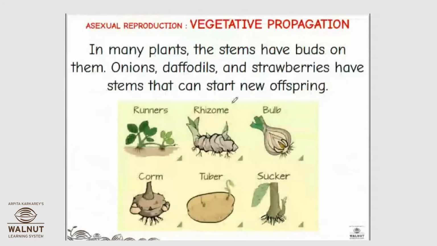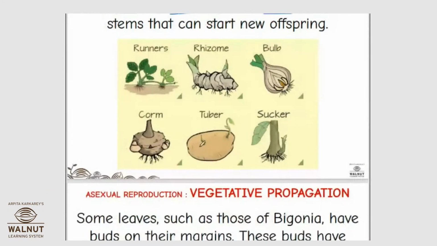Okay. Now, another part in which stems have buds on them. Examples are onion, daffodils, and strawberries, which have stems that can start new offspring. So that is all based on stem. Yes, you would have seen these runners, which are spreading on the ground.